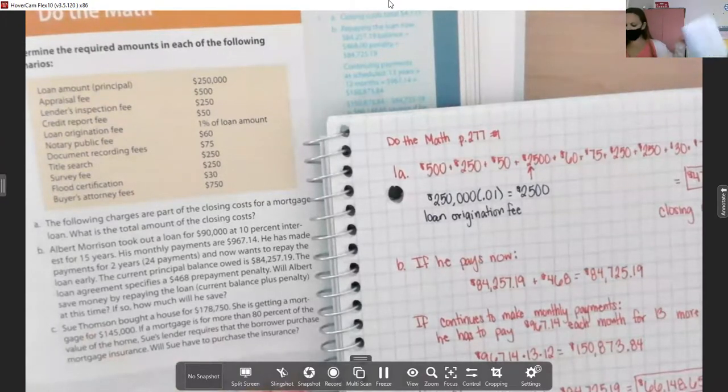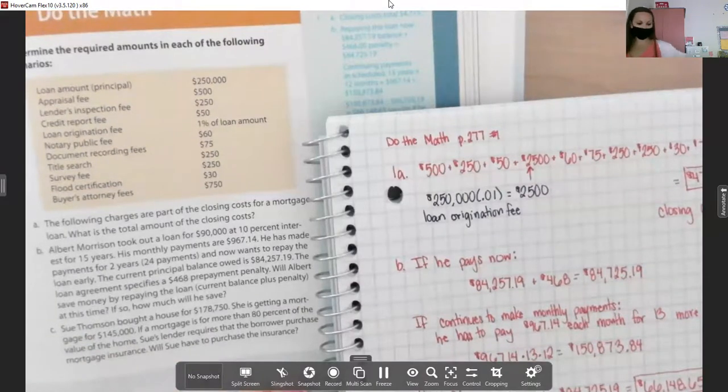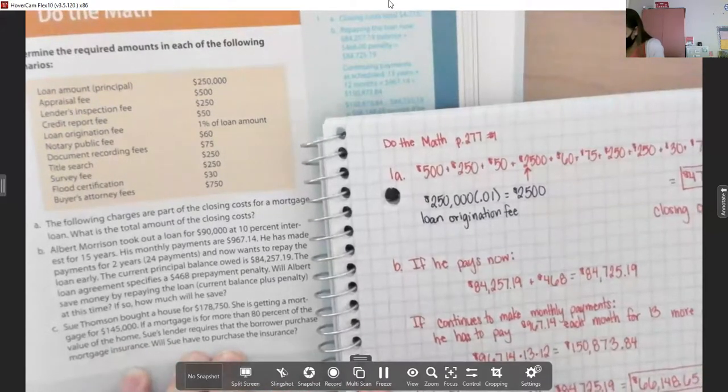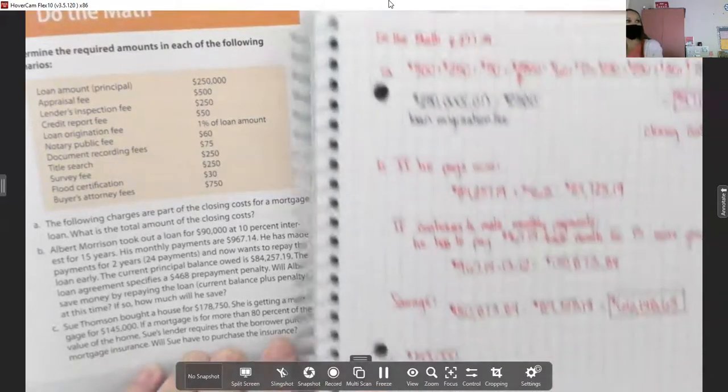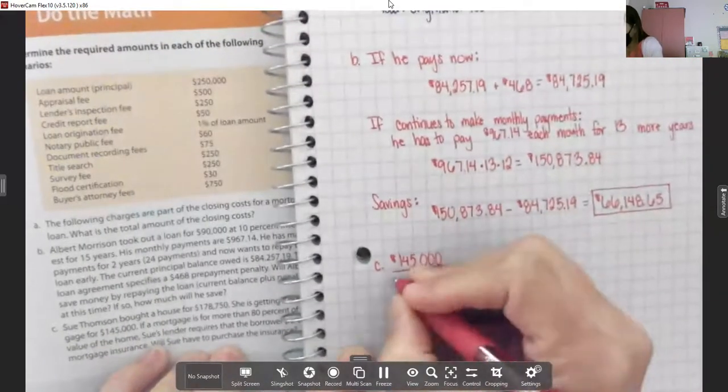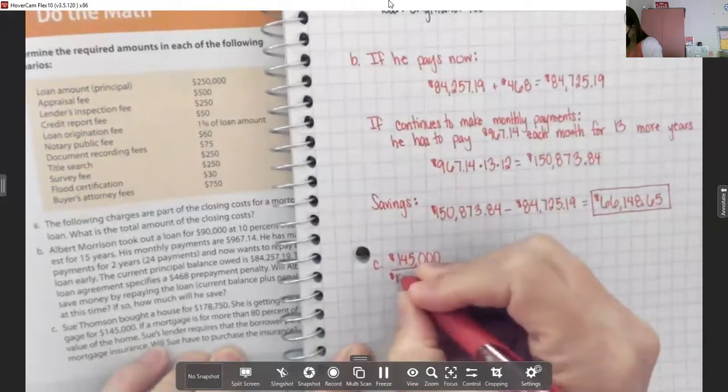So we want to know, is her loan for more than 80% of the value of the home? So what we're going to do here is figure out what percent that is. So for C, we're going to do the 145,000 divided by the value of the home.